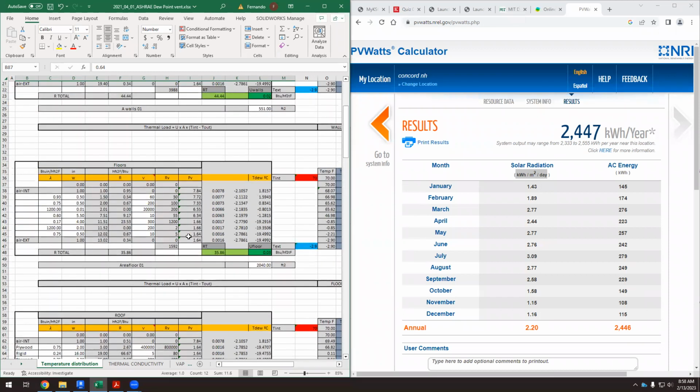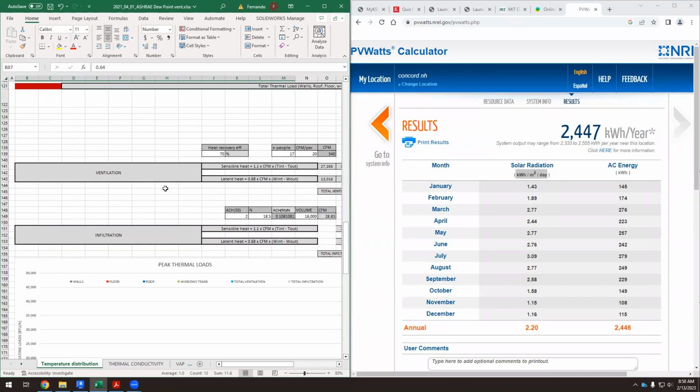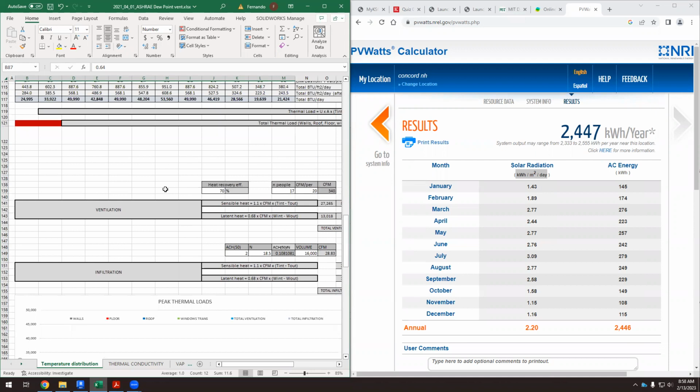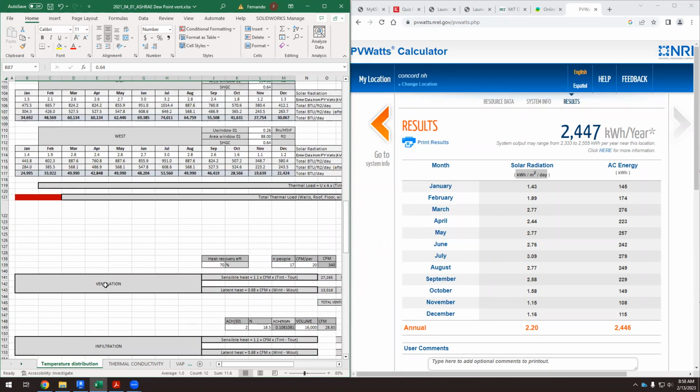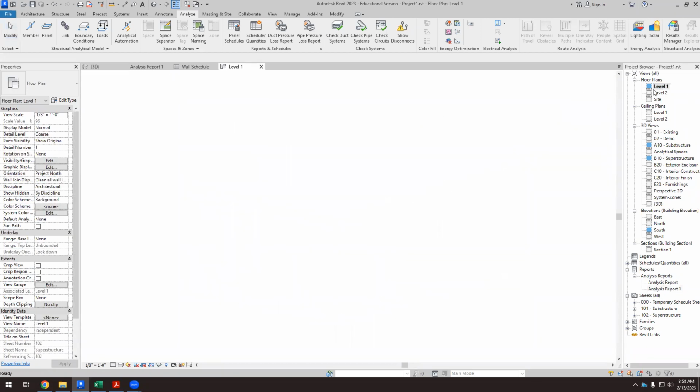And what else? There is more to this. So here we have ventilation. When we have ventilation, remember that in Revit, we did this, but we worked with spaces.